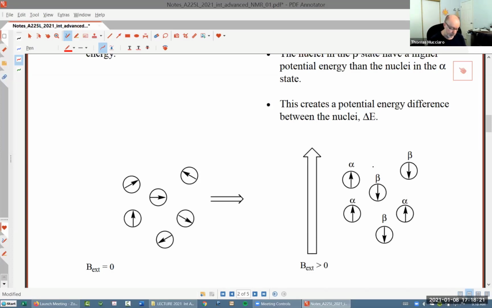But if we put a magnetic field on these things, so basically if we take a magnet and put that sample, which has all those nuclei in it, in the center of a magnet, then the big magnet and all these tiny little magnets will interact the same way that if we bring two bar magnets together, the north will repel, the south will attract.